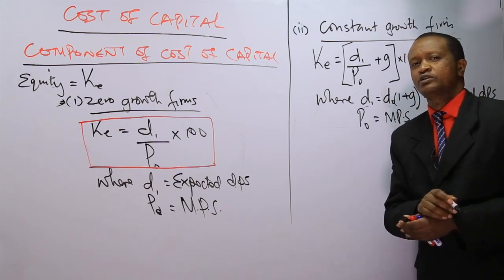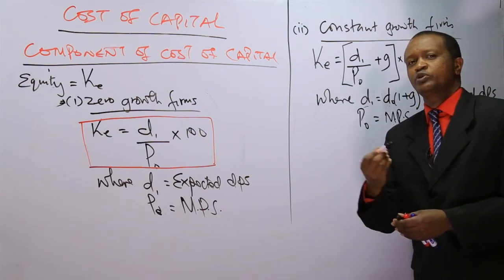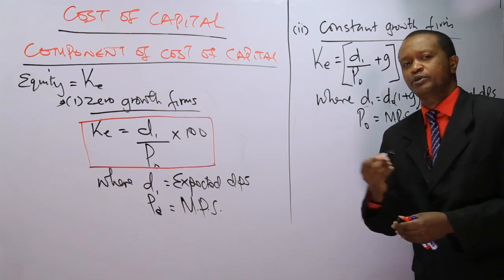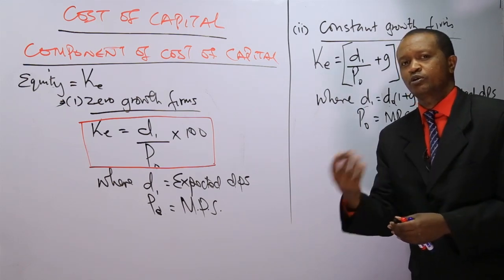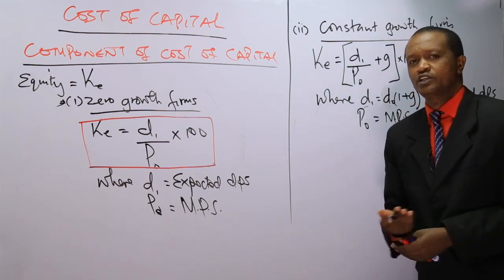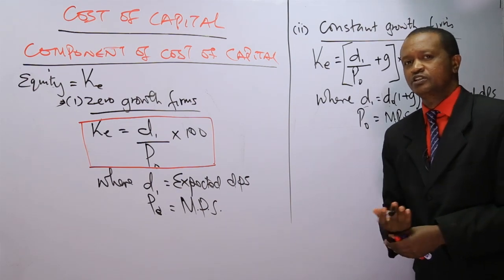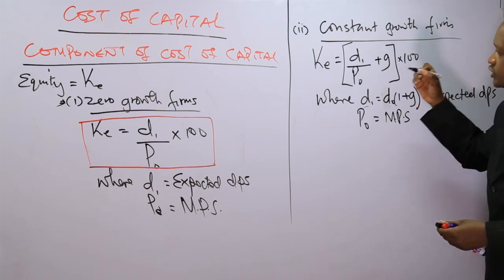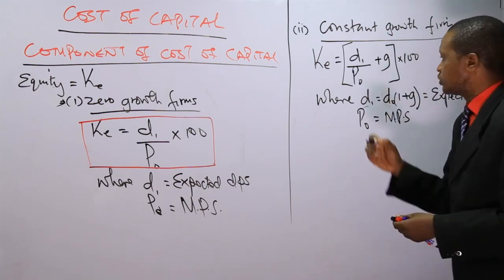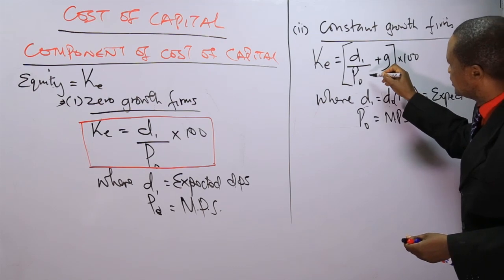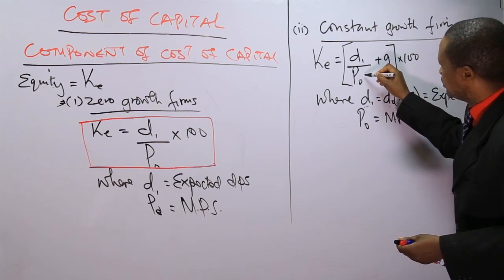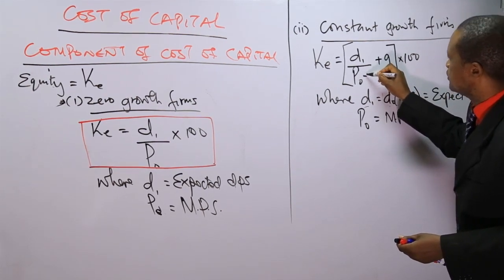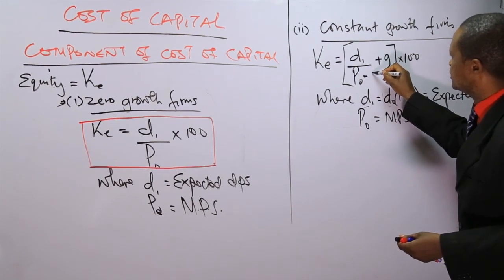Now, where a firm incurs flotation costs, remember in our introduction we talked about implicit costs. This is the cost that is incurred in the process of obtaining capital. We talked of brokerage fees, legal fees, auditing fees, and so on. Where we have the flotation costs or implicit costs, then we'll have an adjustment to this formula. We will deduct the flotation costs from the market price per share.